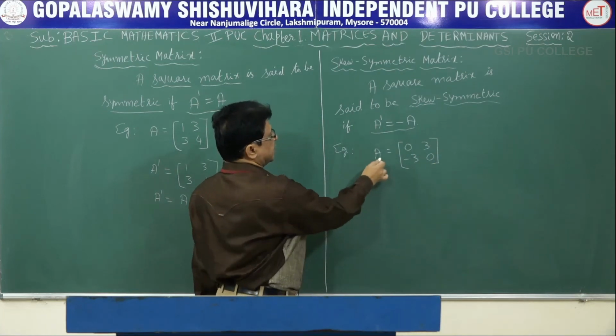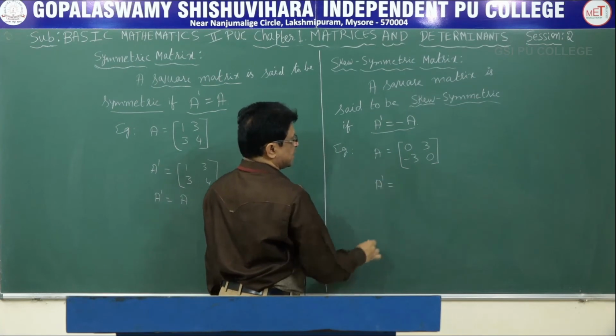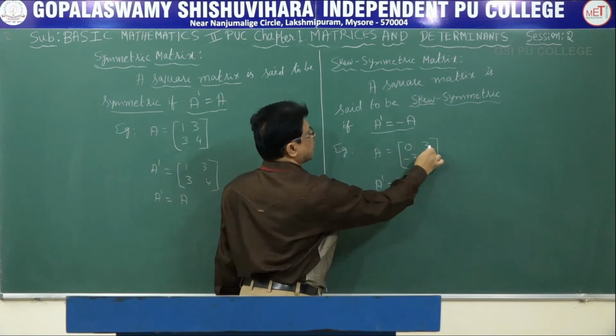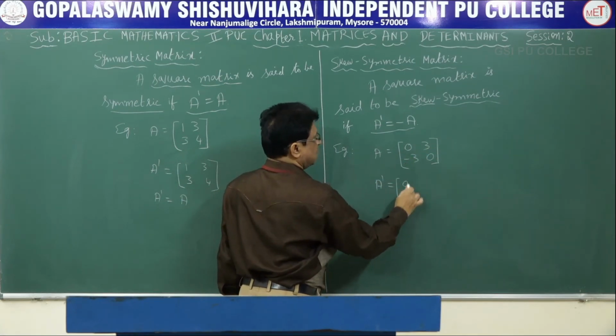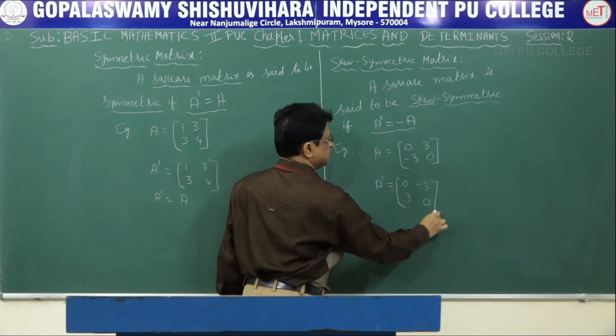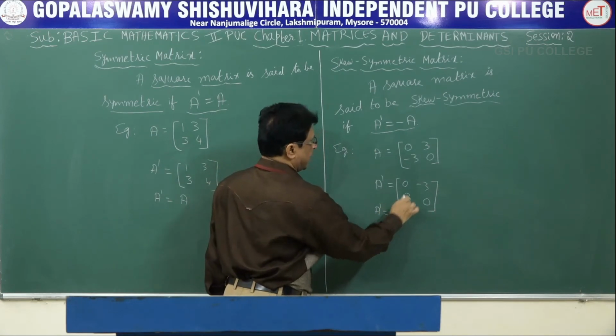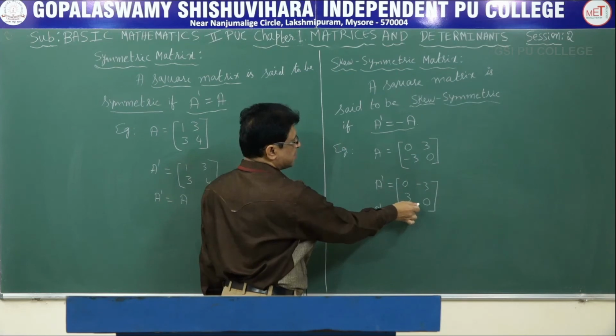Let us take the transpose of this matrix. So A dash equals, so the first row becomes the first column, the second row becomes the second column. Let us take minus common from all the elements of this matrix.